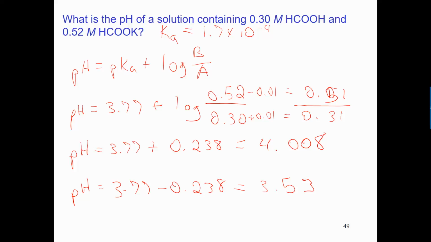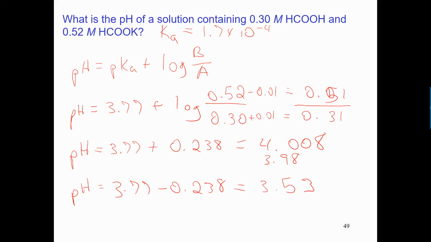So what is it when I do that? 0.216 here. And that doesn't change the pH very much, right? 3.98. So it was 4.008, now it's 3.98. That's not a significant change.